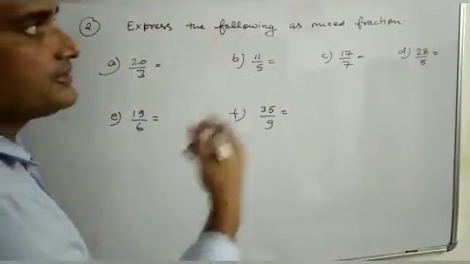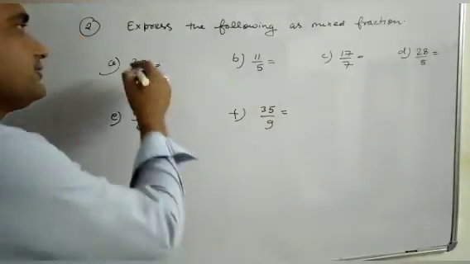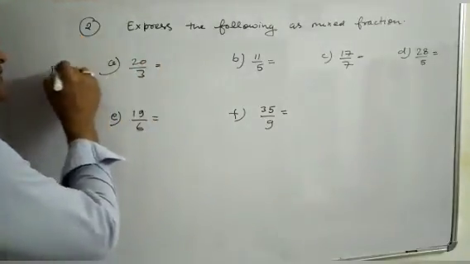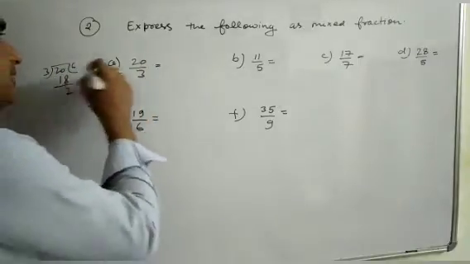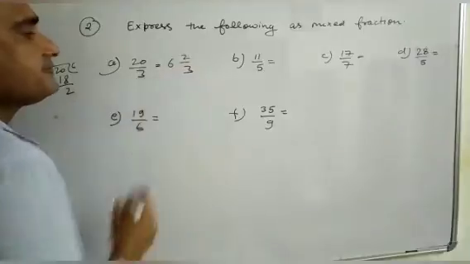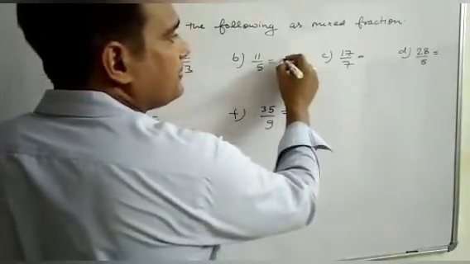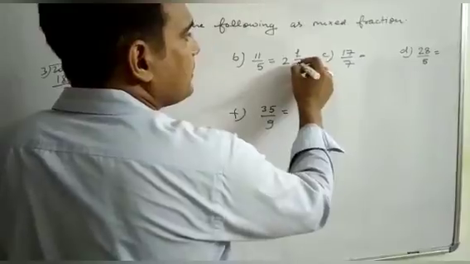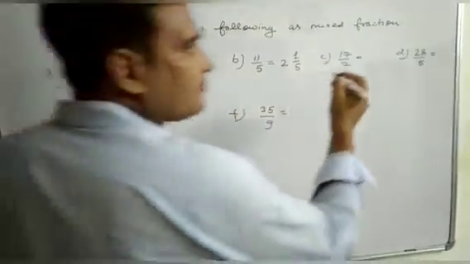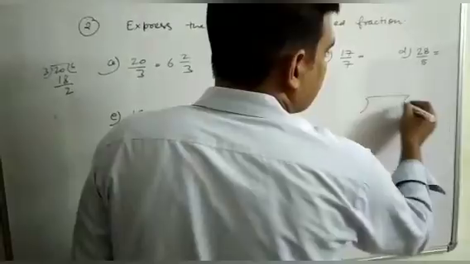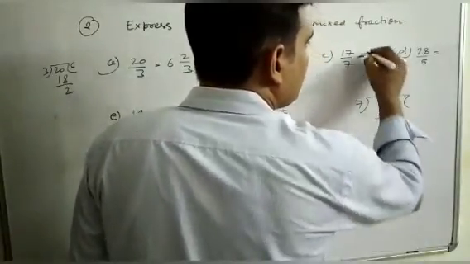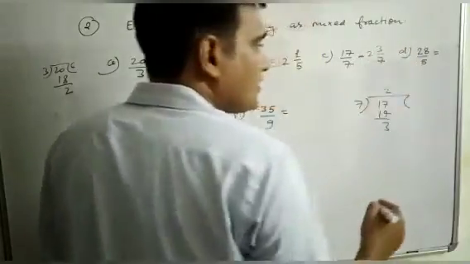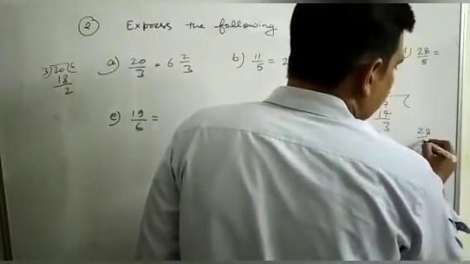Now, express the following as mixed fractions. Okay. Here you see that 20 upon 3. First we divide 20 by 3. 3 sixes are 18, remainder 2. Now we can write 6 whole number 2 by 3. In this way 11 upon 5: 5 twos are 10, plus 1, so 2 whole number 1 upon 5. 17 upon 7: 7 twos are 14, so 2 whole number 3 upon 7. 28 upon 5.